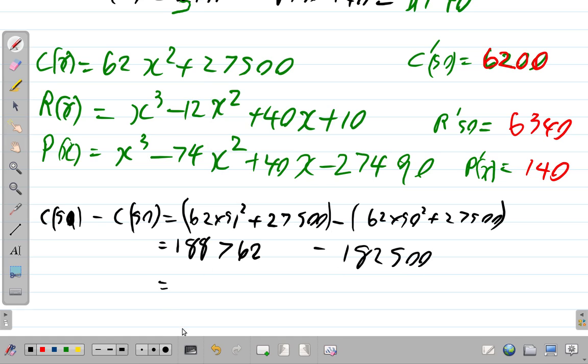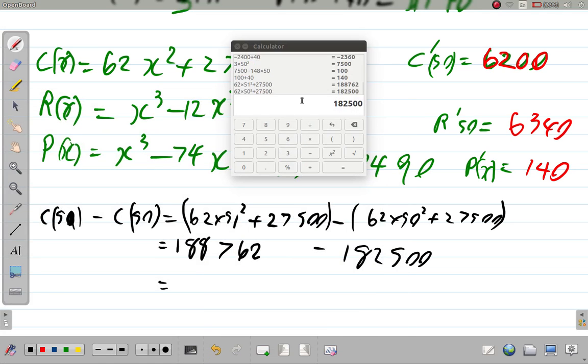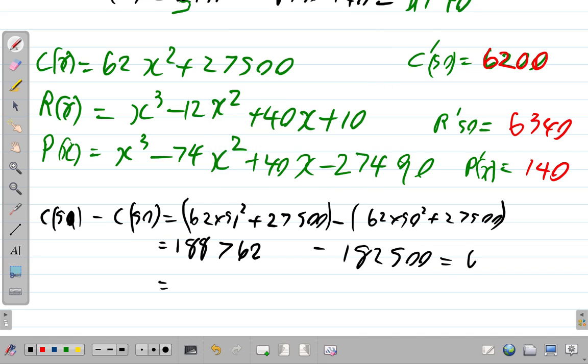Suppose we subtract those numbers now. Let's see what we would get. 188,762 minus 182,500 equals 6,262. Quite close. Very, very close. Right?